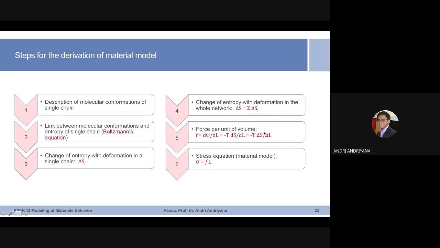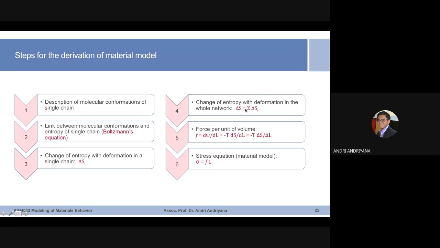Something to highlight here is that delta S is the change of entropy. Entropy corresponds to the irregularity of the whole materials. And materials consist of a lot of polymeric chains. It is a network structure. Which means that this delta S is actually the total summation of the change of entropy of each individual polymeric chain, so the delta S that I have in step number 5 can be obtained from step number 4 here.